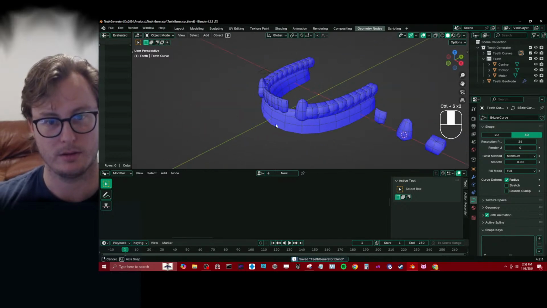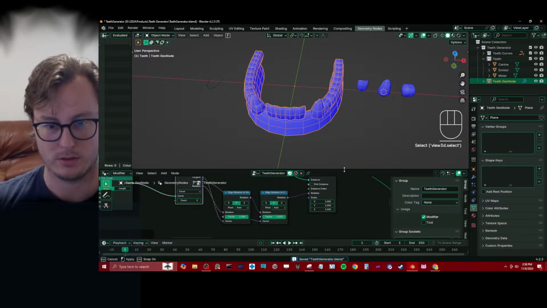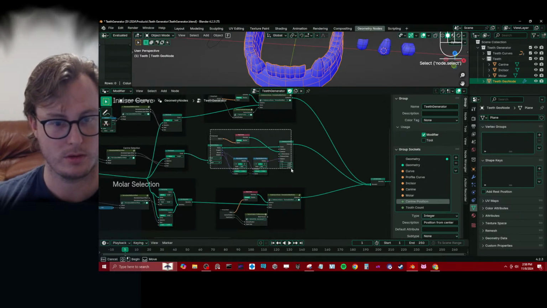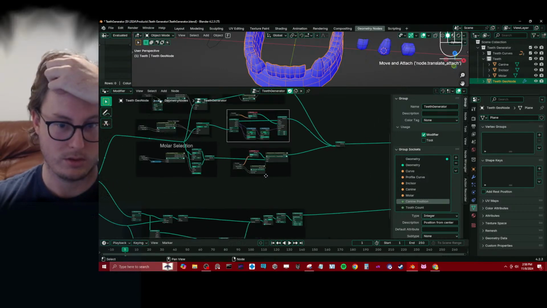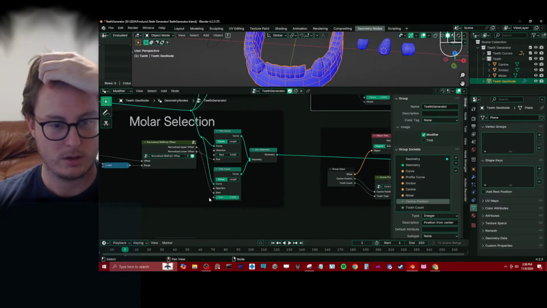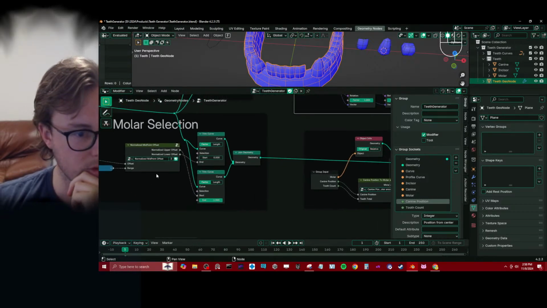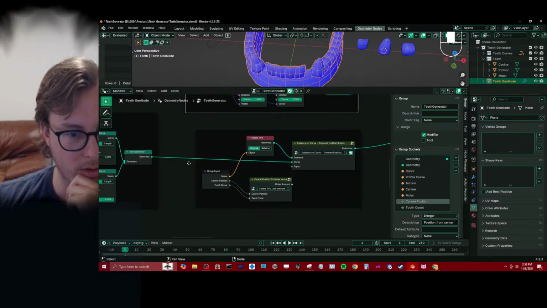All right. So first things first, let's fix the molars. Go to the molars. Here we trim both curves. Then we start endpoints.